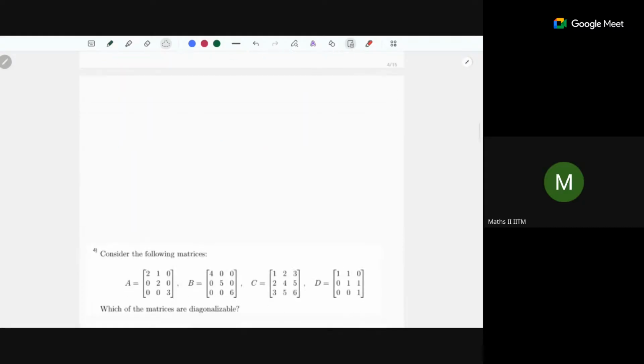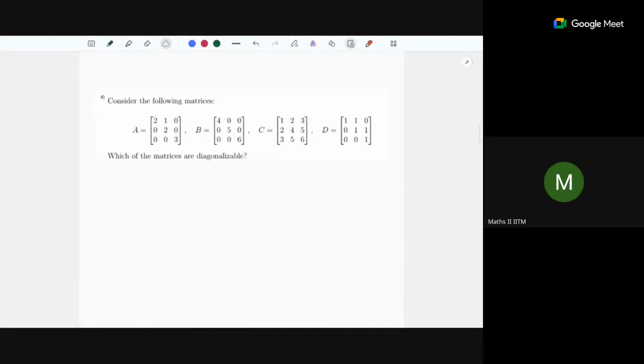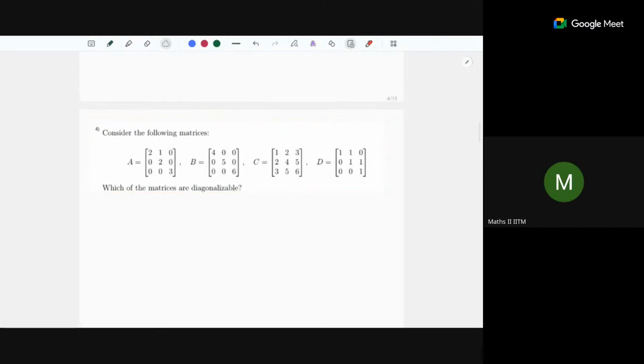All right, so let's take an example. Consider the following matrices. Which of the following are diagonalizable? It is easy to check. For each matrix, you need to calculate the eigenvalues and their respective geometric and algebraic multiplicities. If they are equal, then you know they are diagonalizable.